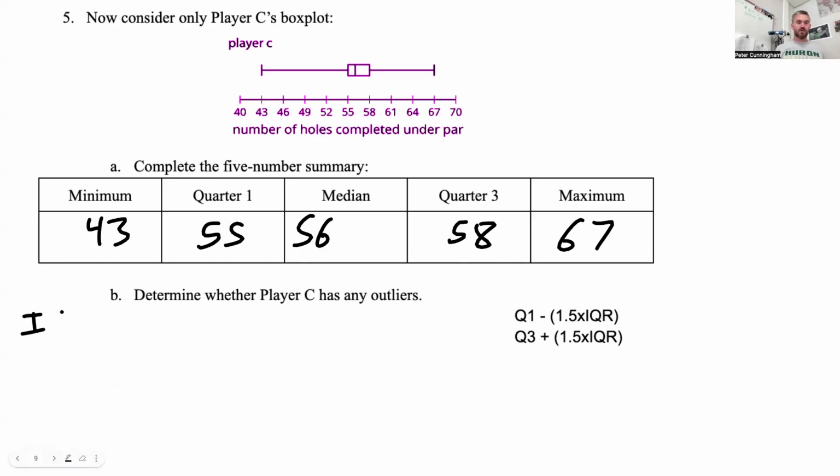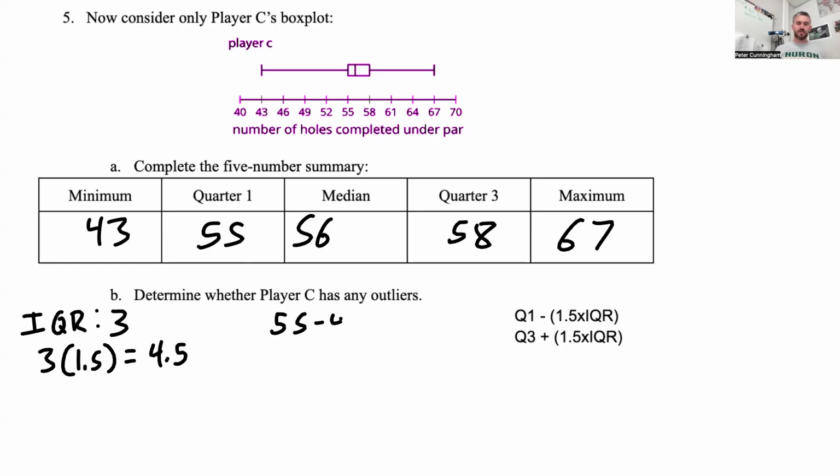We need to take the IQR. We already calculated the IQR for player C in our previous problem. If you want to see how to do that, flip back to those problems where we calculated IQR. We need to take that IQR, multiply it by 1.5, which gives us 4.5.